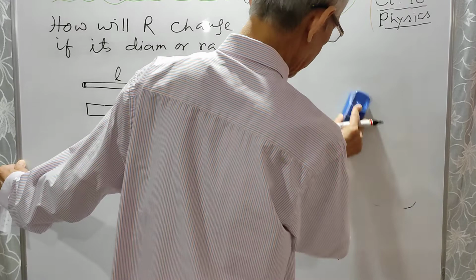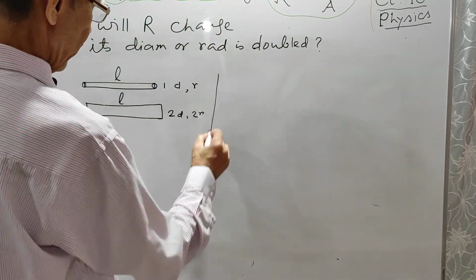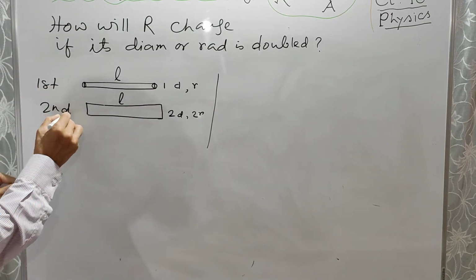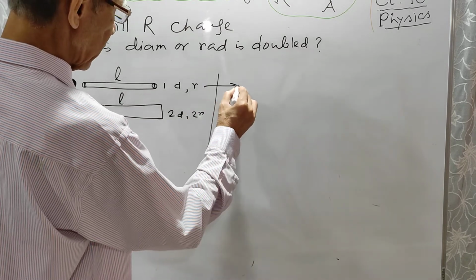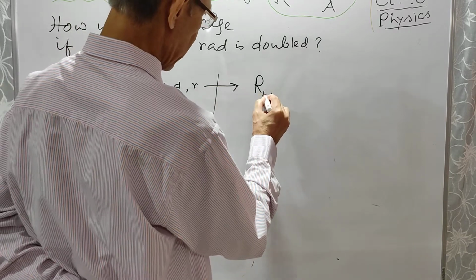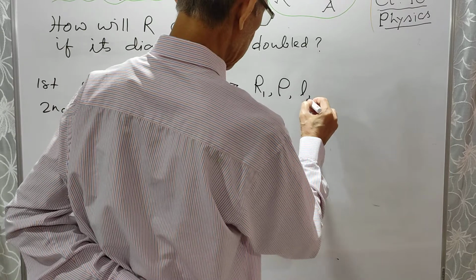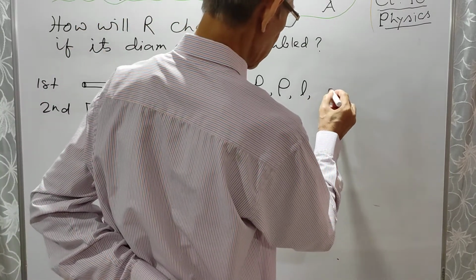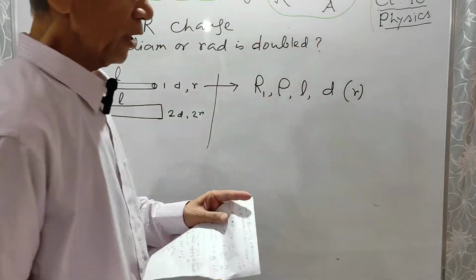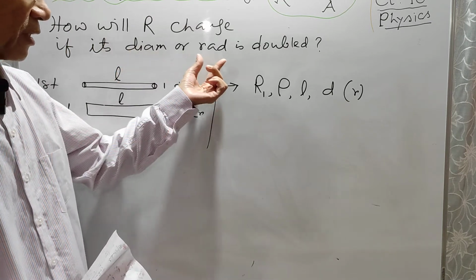All right. Like before, let us see now the first wire. This is the first wire. This is the second wire. For the first wire, let us say resistance is R1, resistivity rho, length is L, and diameter suppose D, or radius R. Now in the question, sometimes they will mention diameter and sometimes radius.